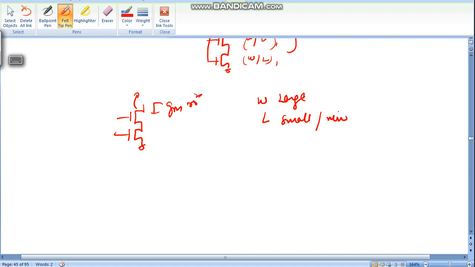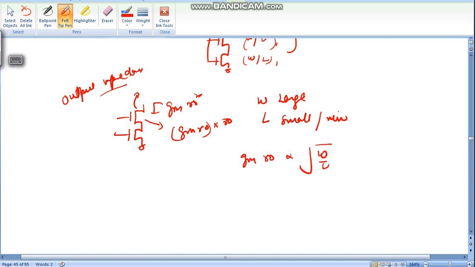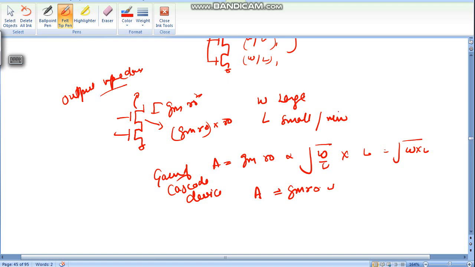Now its output impedance is gm ro times ro, so this gm ro is the gain of this device. gm ro is directly proportional to the square root of W by L times L. So W times L means the gain of the cascode device, gm ro, is directly proportional to the area of the device.